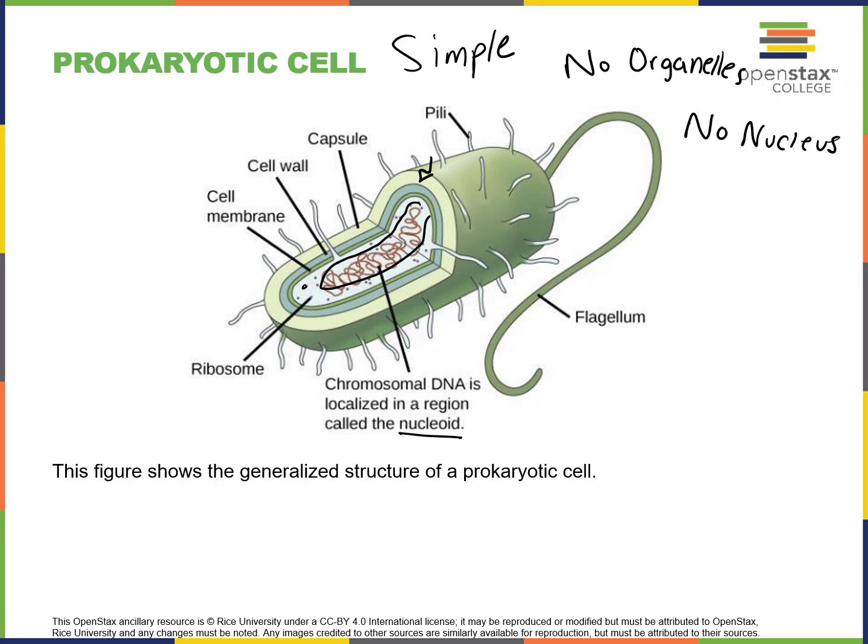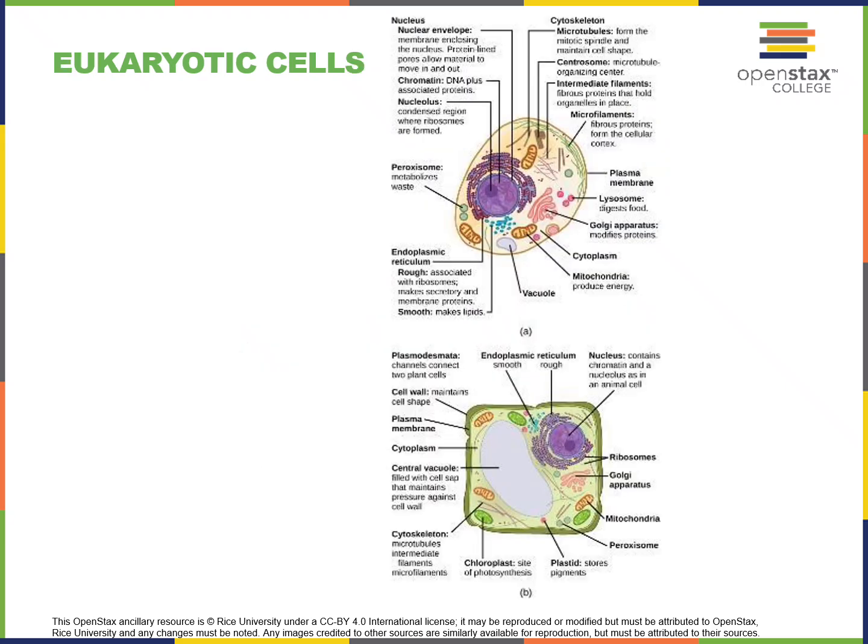Whereas your eukaryotic cells are much, much busier, okay? A eukaryotic cell will have a lot more things going on. Your nucleus has your DNA, it has a nucleolus as well. All these different types of organelles that do different functions, okay? It's very important to note that with eukaryotic cells, the form will follow the function.